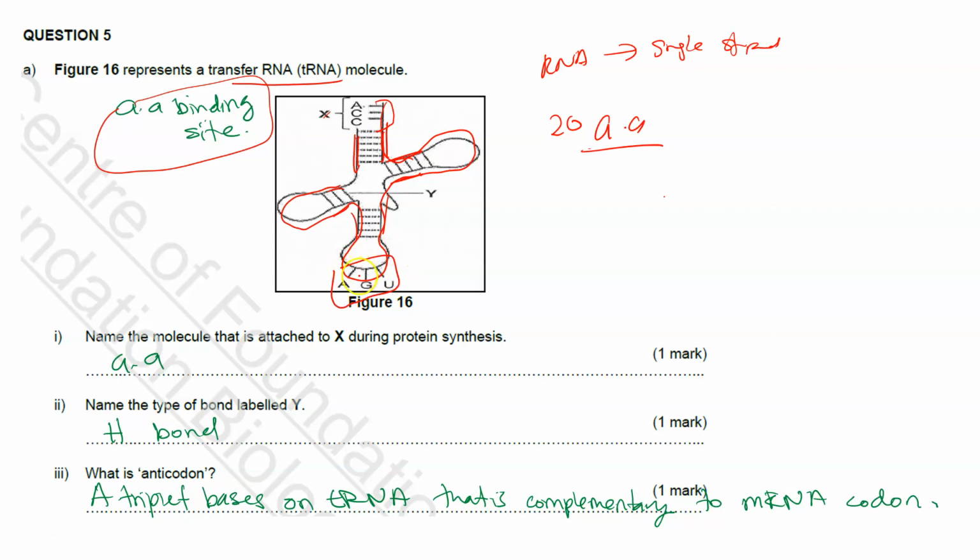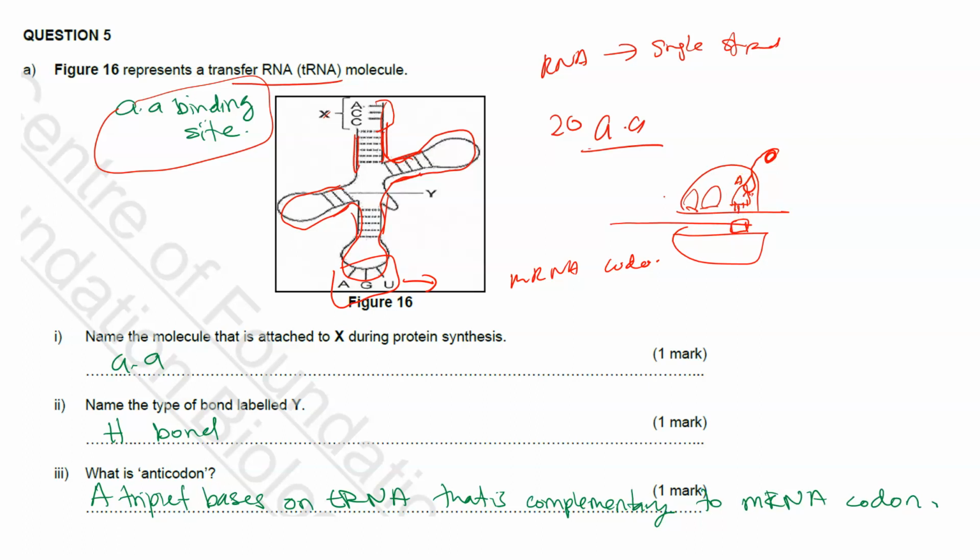Okay, so the anticodon is complementary to the mRNA codon. Okay, so during translation, when the ribosome reads the mRNA kan at the A site, so A site ada codon apa, so nanti akan datang tRNA bawa specific amino acid that has an anticodon that is complementary to the codon at the A site.